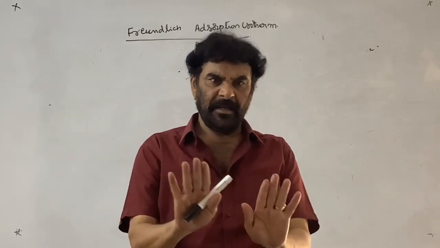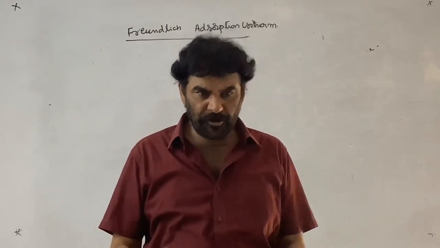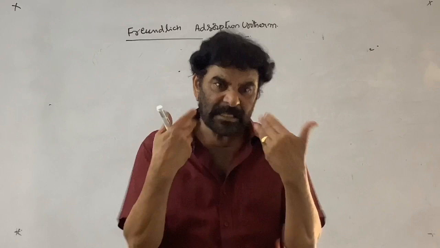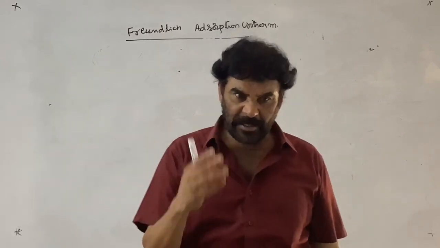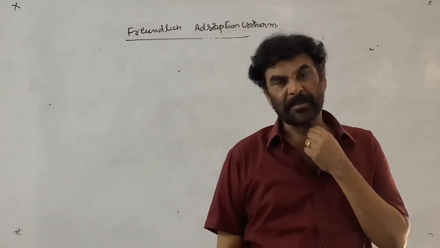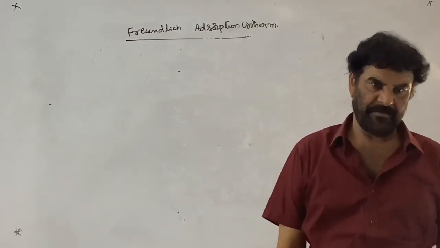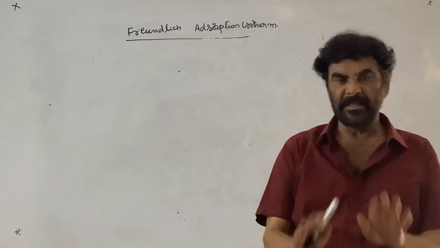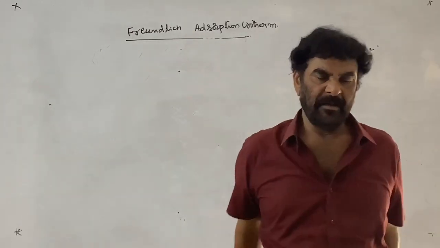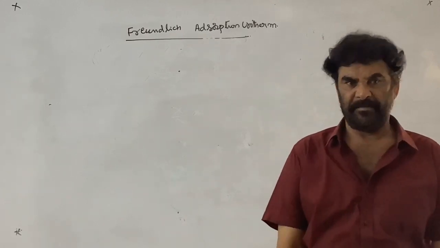That's all. He has no theory, so he does not know the mechanism of the observation. He failed to explain the shape of the graph or the mathematical expression. So this is the limitation of the Freundlich adsorption isotherm.